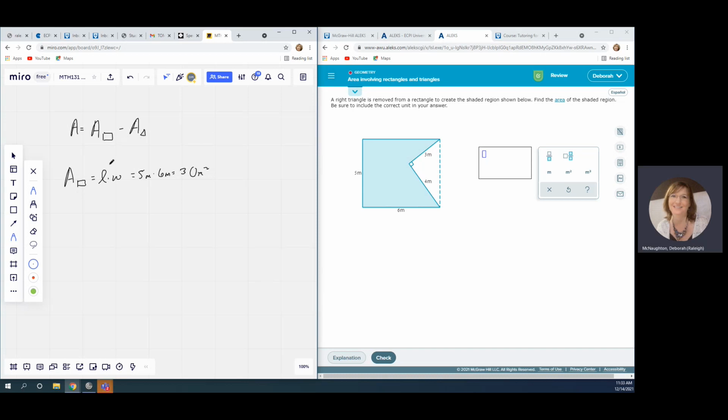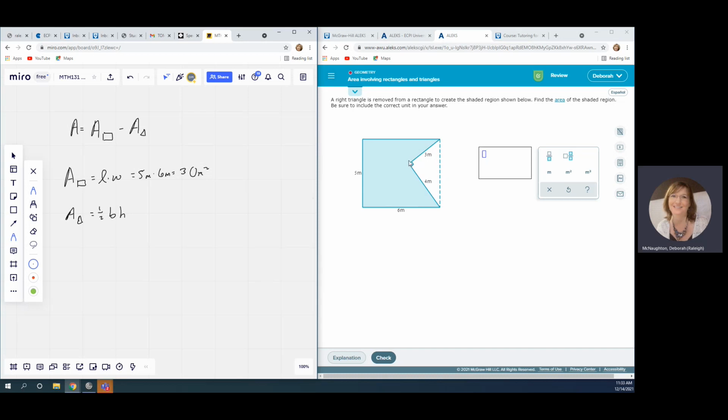And then the area of the triangle is 1/2 base times height. And so we always want to make sure that they didn't give us this edge.